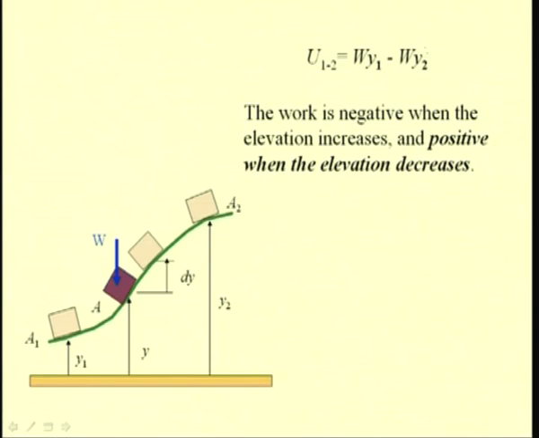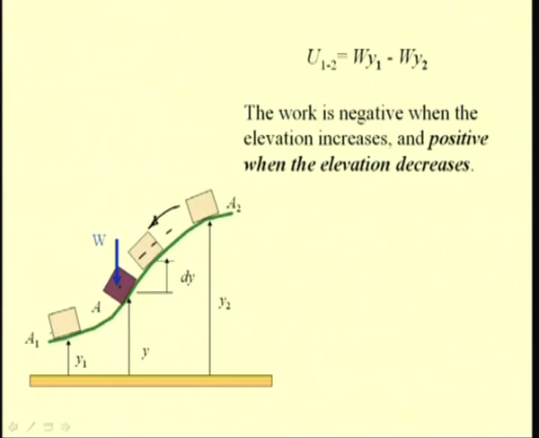So, this value is negative, and we see that the work done between positions 1 and 2 is negative when the CG of this object is being raised along this path. So, this work is a negative work.